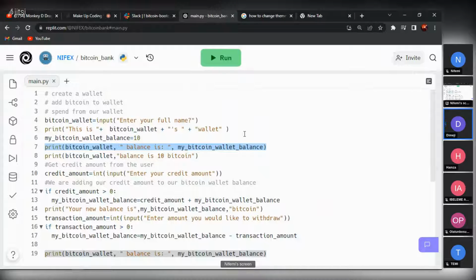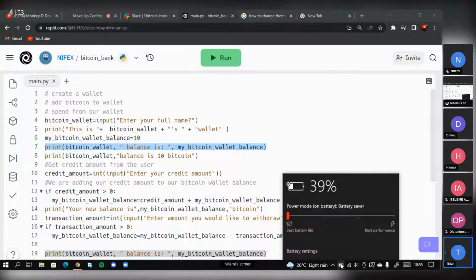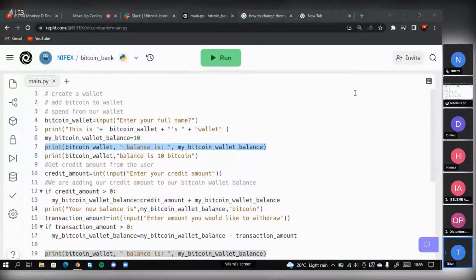Anu, how about you? Line 5 and line 7. What are we trying to do there? So we are dealing with the name of the person and the amount that is in the person's wallet. What is it doing basically there? What would they do?